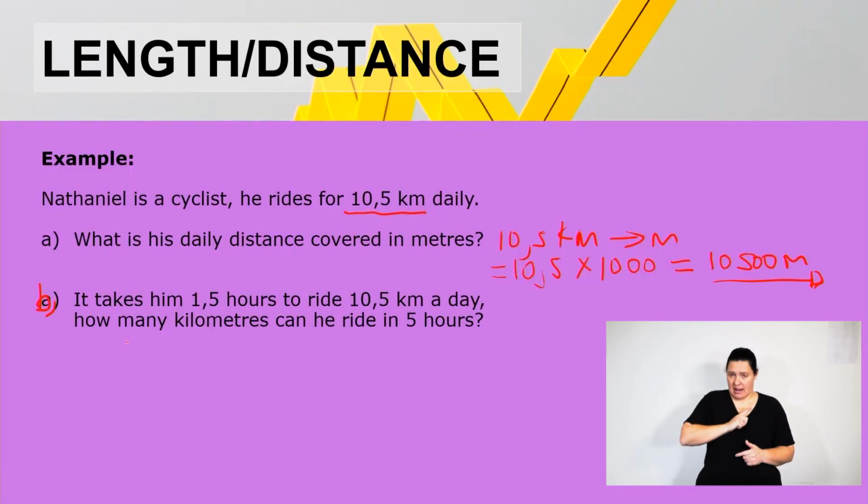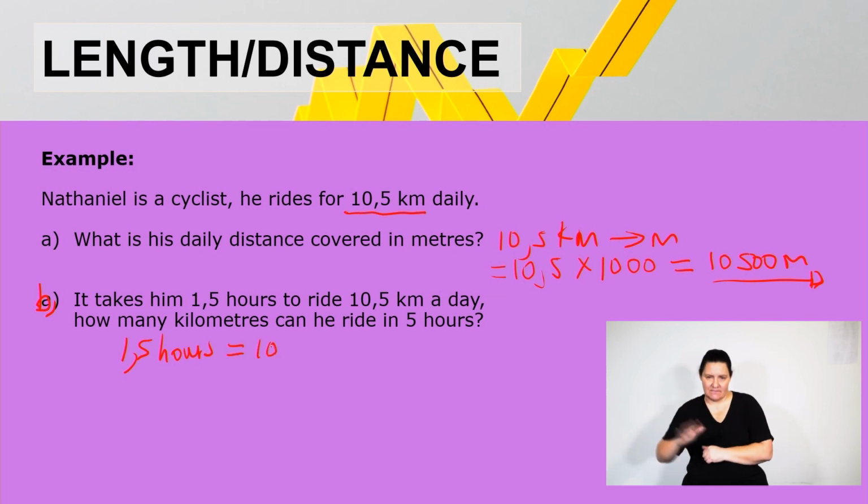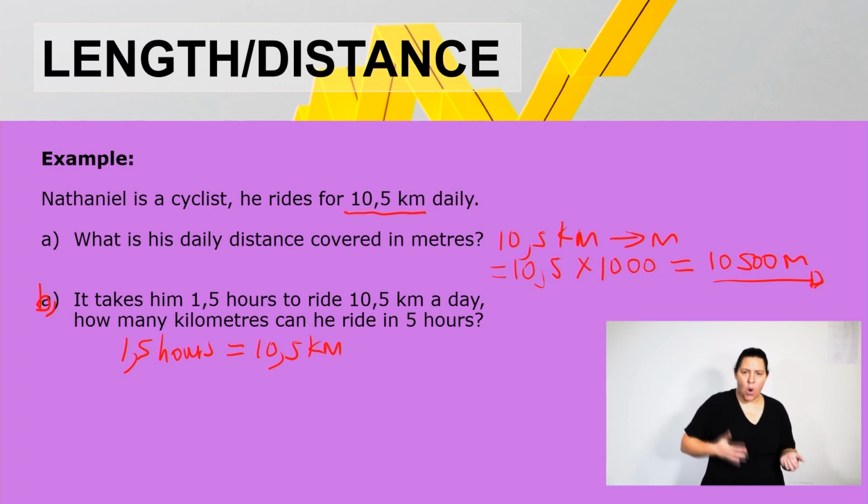So we were told that it takes him 1.5 hours to cover a distance of 10.5 kilometers. Then the question wanted us to determine the number of kilometers if he has ridden for 5 hours.